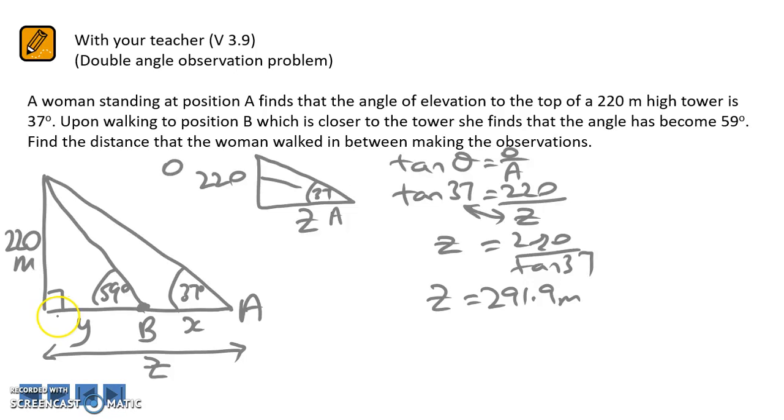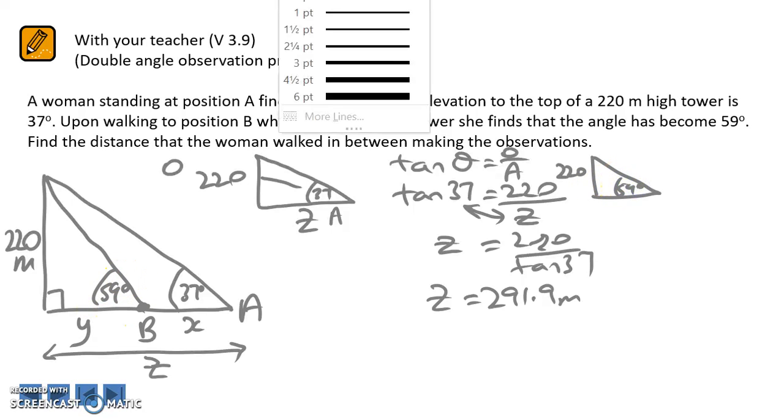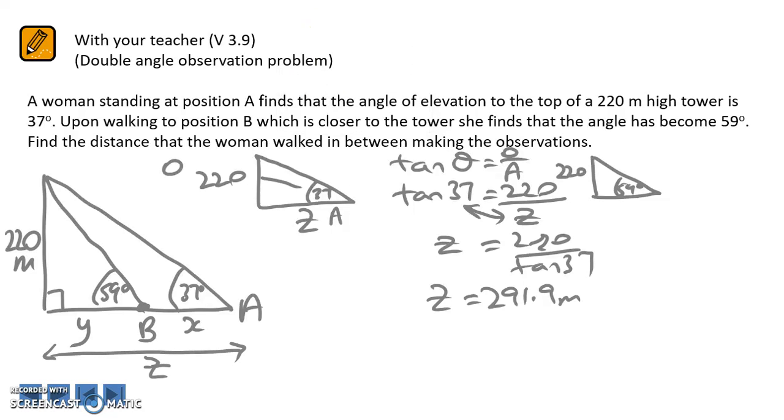Let's find distance Y. So you might wish to draw another little triangle. So that's 220 as well. And because we've now moved in, it's 59 degrees. So it's going to be the same formula because it's using the same sides that we were before.